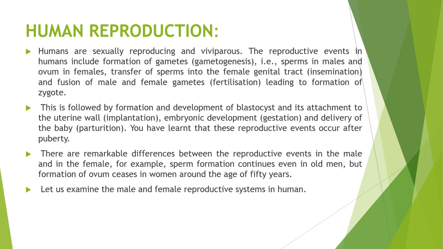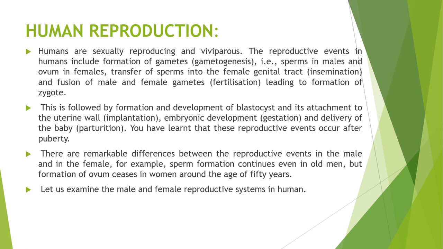Physically, male and female are different. That is the most important. So first, humans are unisexual. Some animals and some plants have both sex organs present in one individual, but that is not the case in humans.